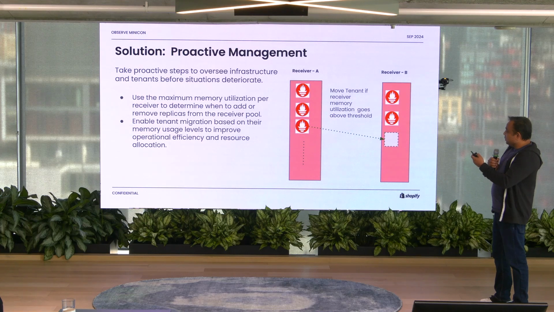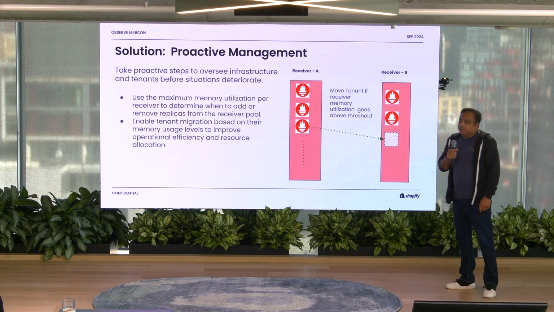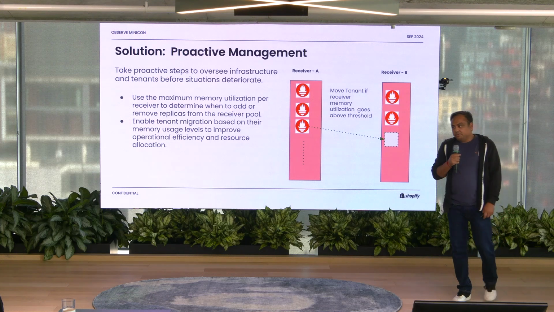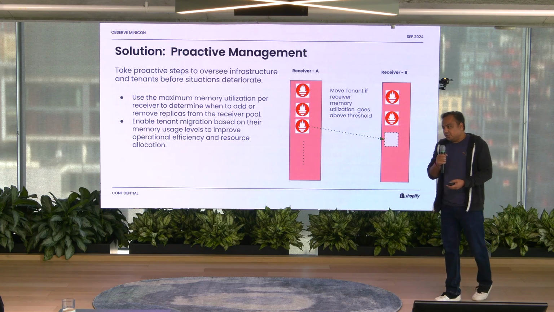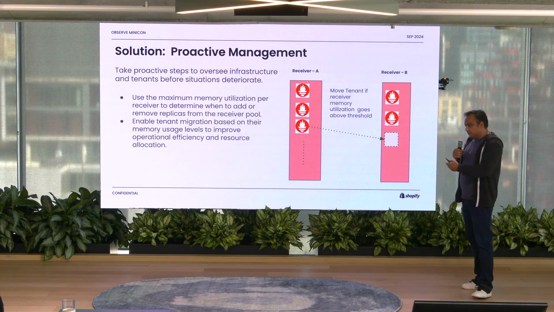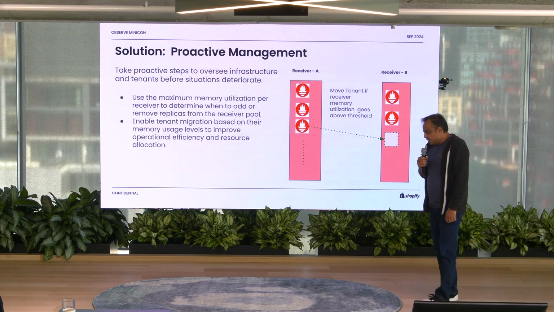So what is the solution? Rather than reactive management of infrastructure, where whenever I'm watching a dashboard or get an alert we start fixing things, we need to be proactive.